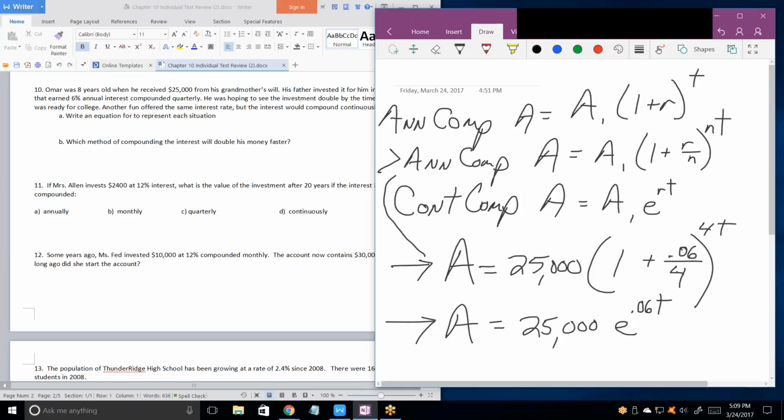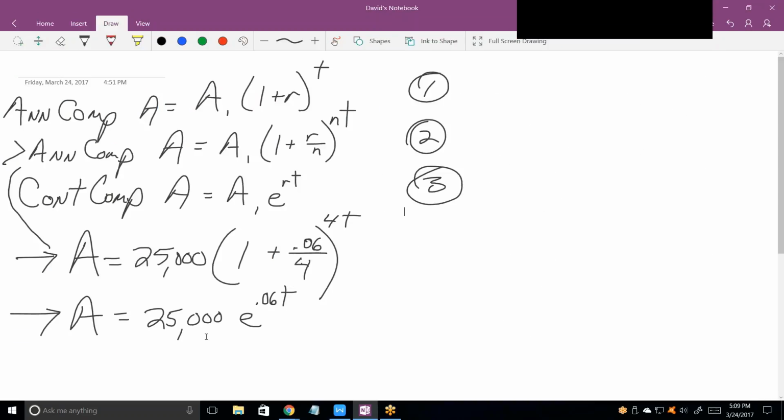Now, this question about doubling. We answered A. Which method of compounding the interest will double his money faster? Well, I told you that continuous compounding was faster than the quarterly compounding, but let's prove it.